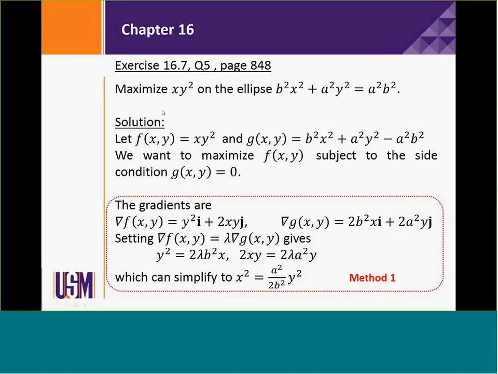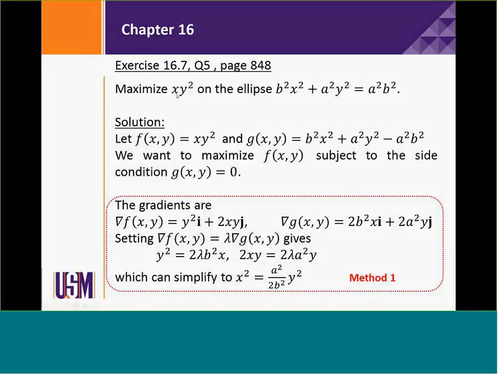Maximize xy squared on the ellipse b squared x squared plus a squared y squared equals a squared b squared. The first thing is we define f and g. What is the function that you want to maximize?